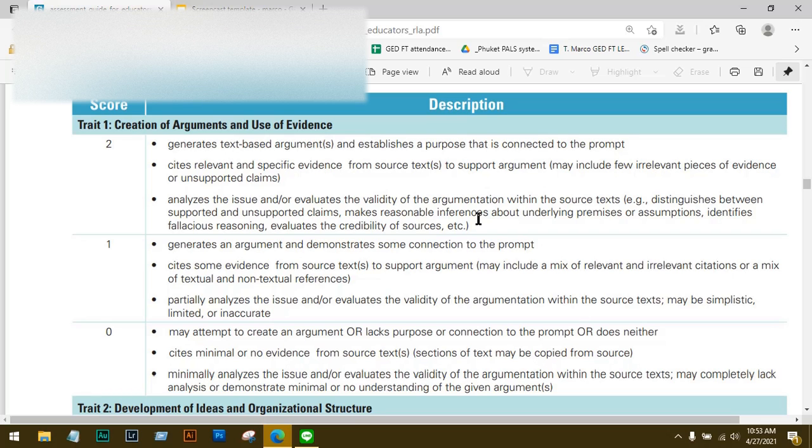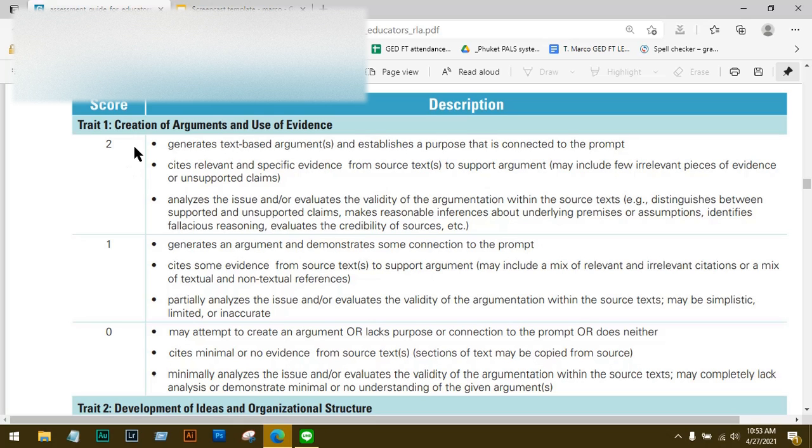They have to explain. It's not enough to just say that an evidence is strong. It's important to explain how relevant is the evidence, how accurate, how specific, how current. What is the authority being exposed by the evidence? It's important to explain that and to write that in order to have a 2 points score in trait 1.